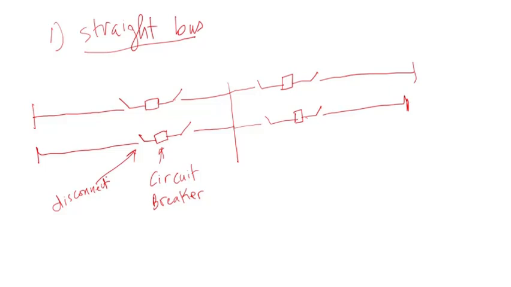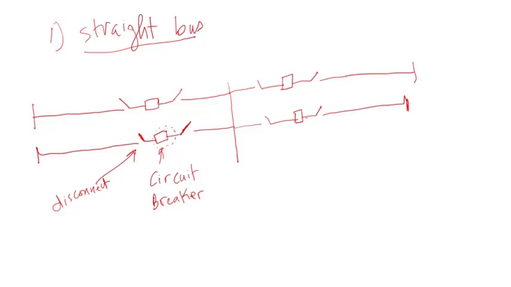Typically they cannot interrupt load or fault current, but they're here for visual indication. Also, if this breaker needs maintenance, you can isolate this breaker by opening this switch and this switch. That way, the crews can safely work on this breaker.